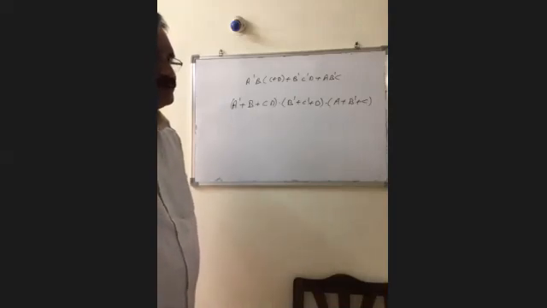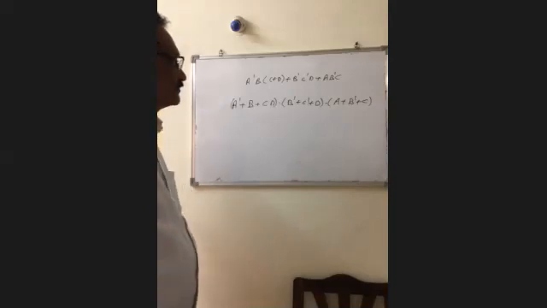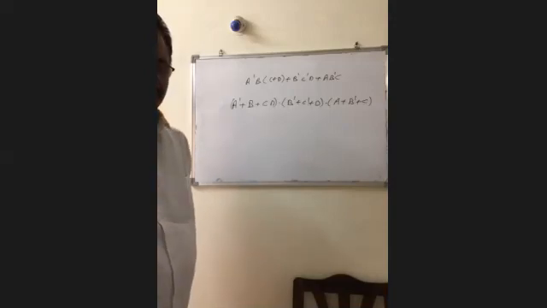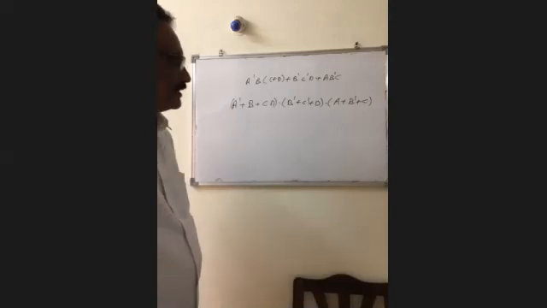How can the dual of a function be obtained? By interchanging AND and OR operations and by interchanging zeros and ones.